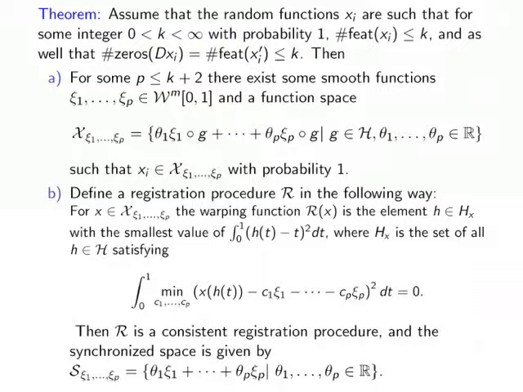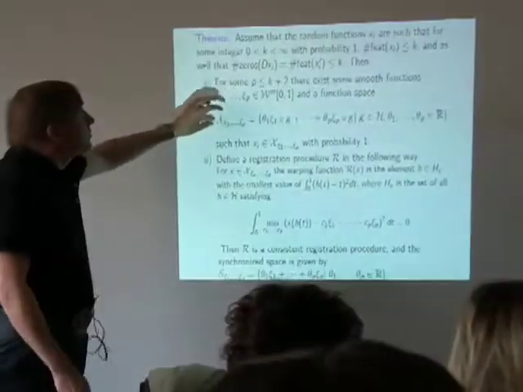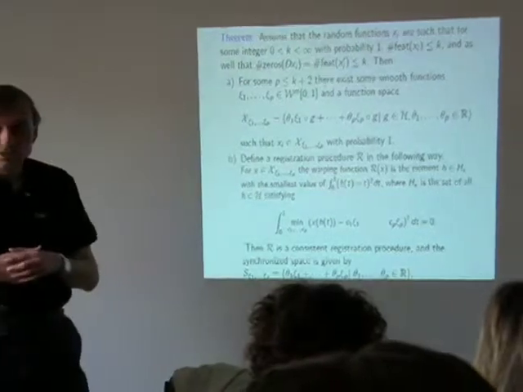Then you can always say that there is some p equal to k plus 2, and there exist smooth functions, such that every curve in your sample can be generated by a linear combination of these p basis functions together with some warping function, g being just the inverse warping function, where you apply something like h to the minus 1. So every curve sample with a limited number of features can be explained like this.